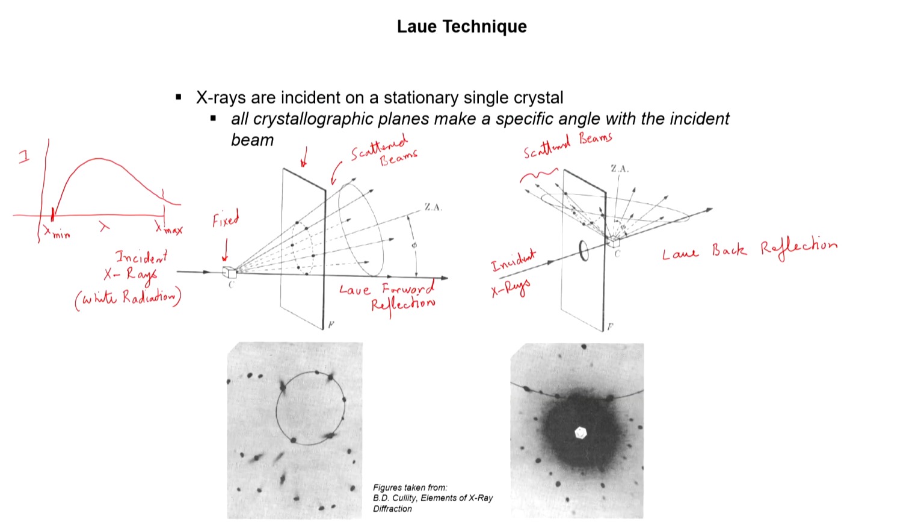Now, coming back to this figure, this is a recording media which records the position of the diffracted beams as spots, and these two are the X-ray diffraction patterns or the Laue diffraction patterns.